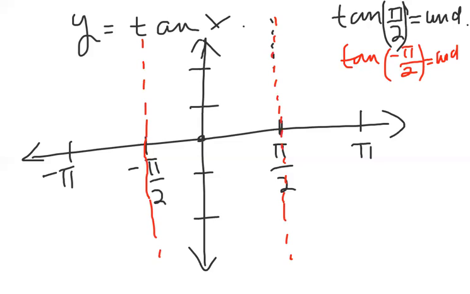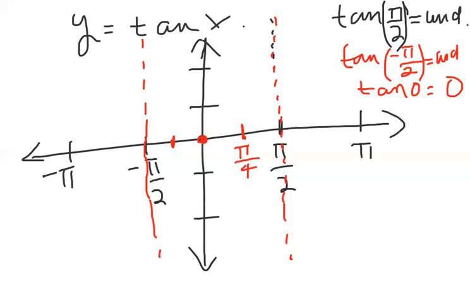So now, let's find some additional points on the graph. If we were to do tangent of 0, we know that's equivalent to 0. So there's an x-intercept right here at (0, 0). Then, guys, you need to find some additional points on the graph so you can figure out which way this graph is going. In between 0 and pi over 2, what do you have? Half of pi over 2, which is pi over 4.